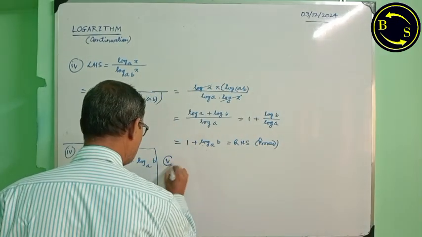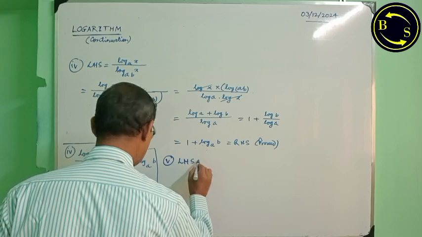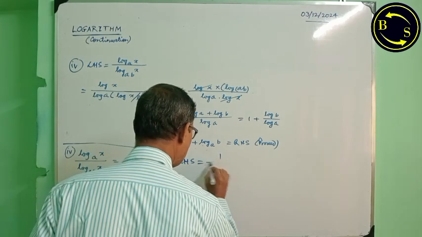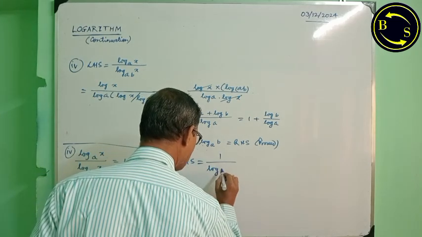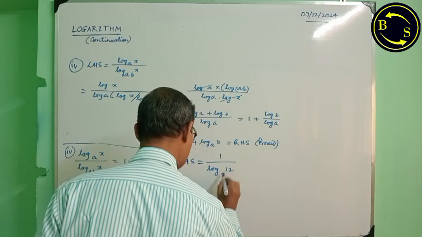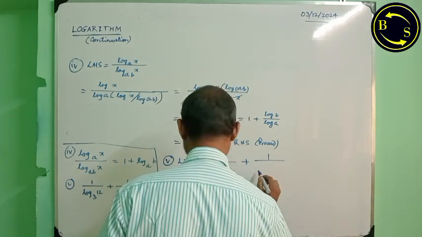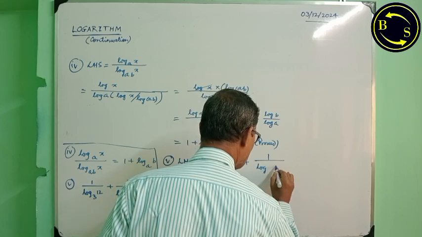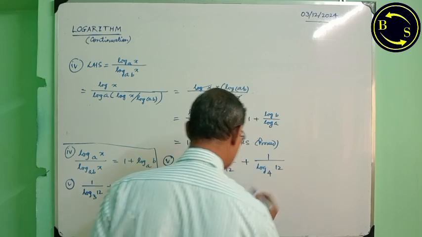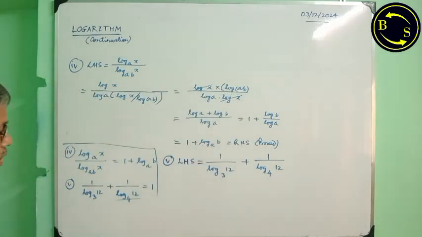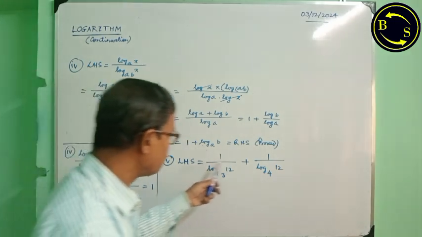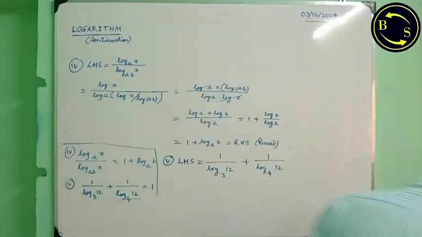Number 5, LHS: 1 by log of 12 to the base 3 plus 1 by log 12 to the base 4. Better we calculate these two separately.